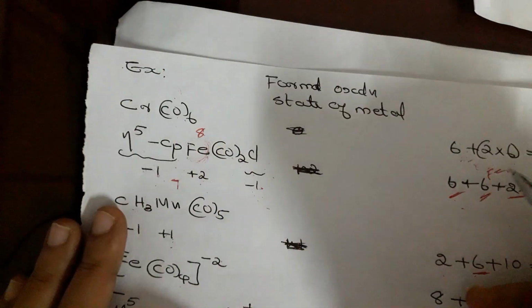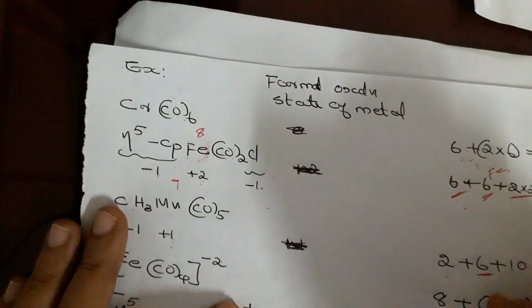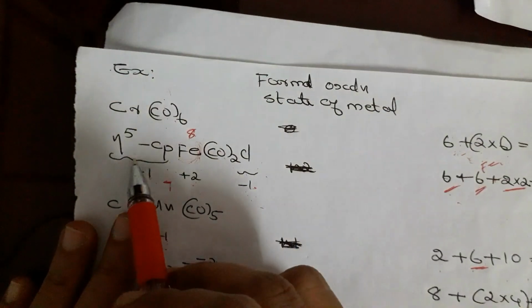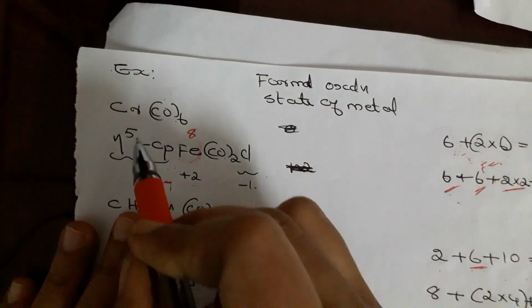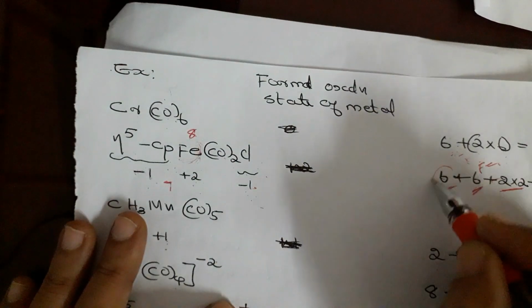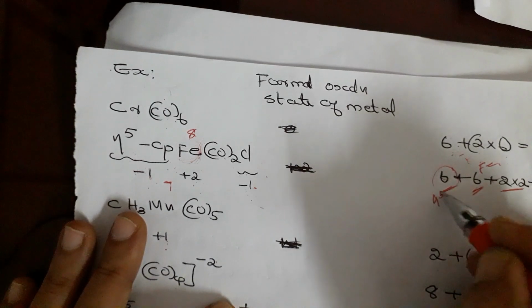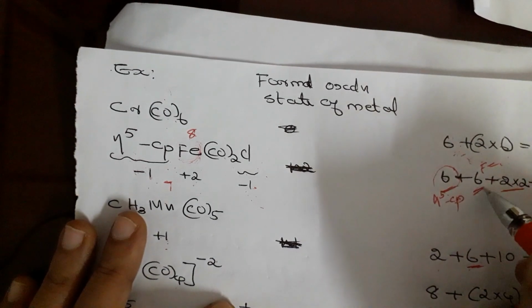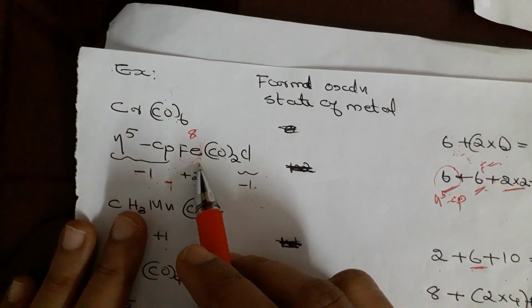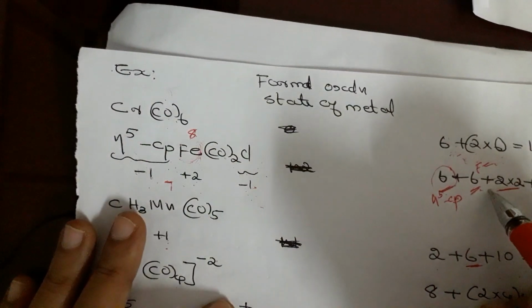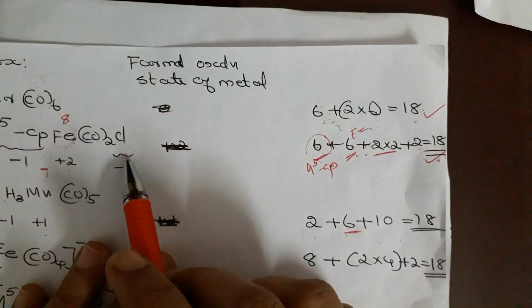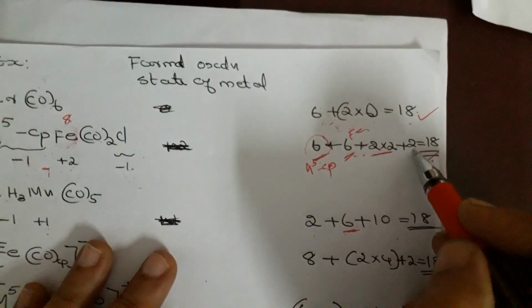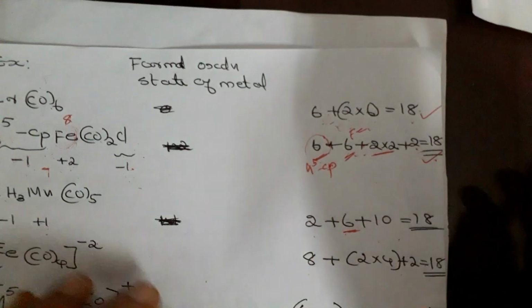Then you put in the electron contributions. Eta 5 Cp, how many? 5 plus 1, 6. Then Fe 8 minus 2, 6. Then 2 into 2 for CO, then Cl 2 electrons according to the oxidation state method, so 18 electrons.